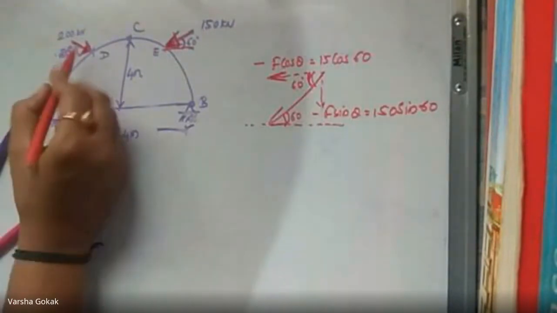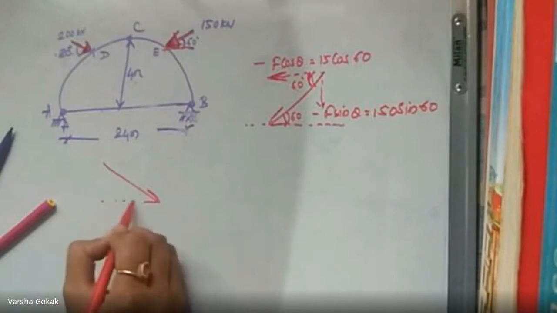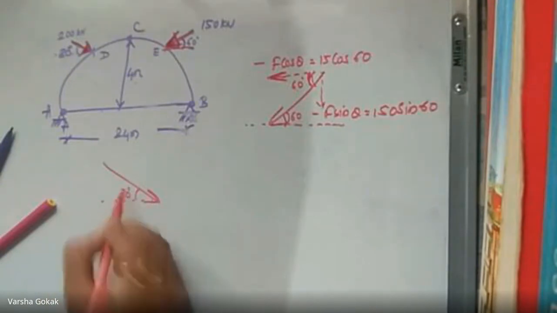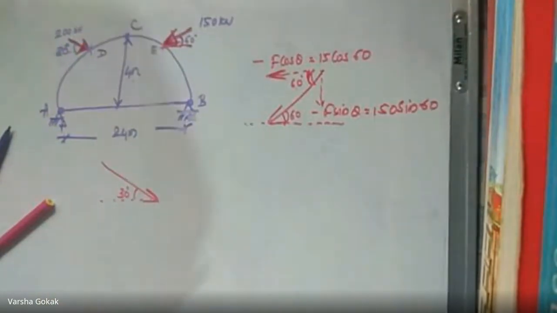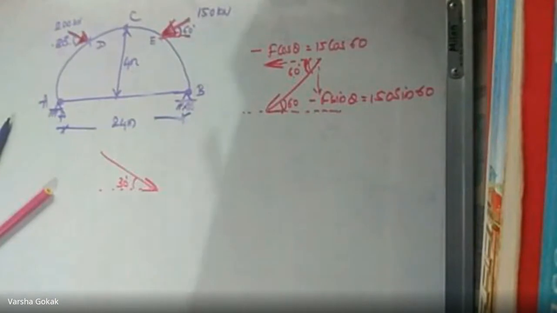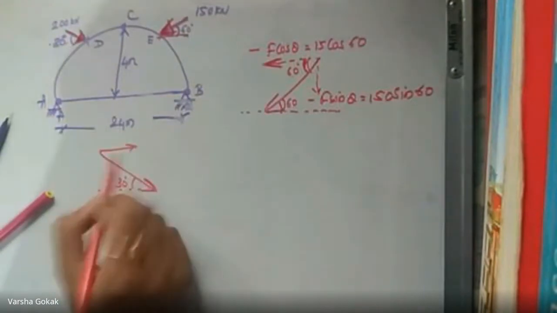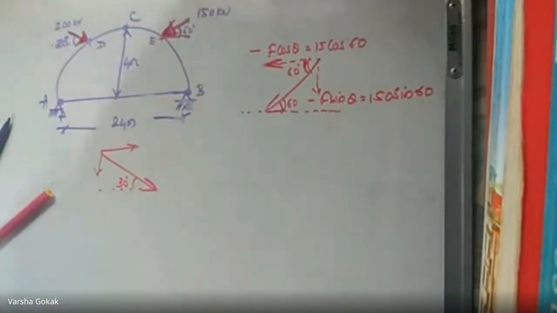Okay. Then next, coming to 200. 200 is given like this, and its angle mentioned is 30 degrees. Which quadrant force is 200? Fourth quadrant force. Correct. So one is going to be like this, another one is going to be like this.